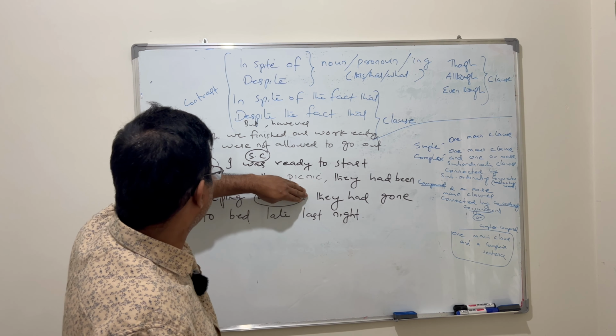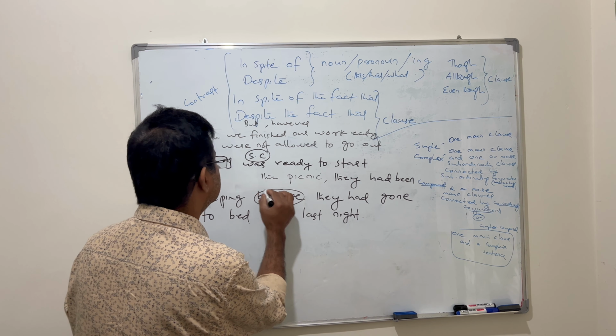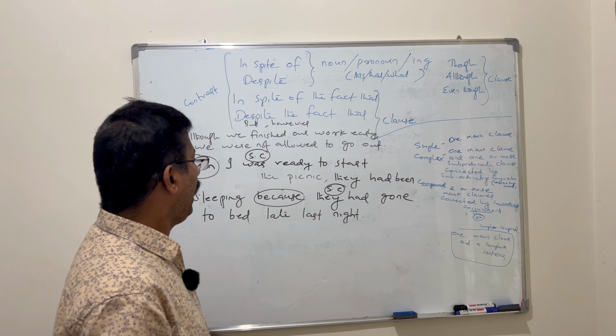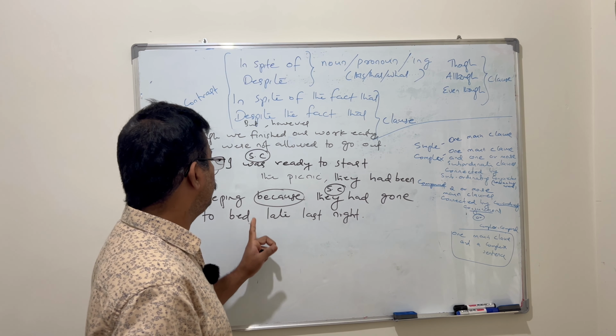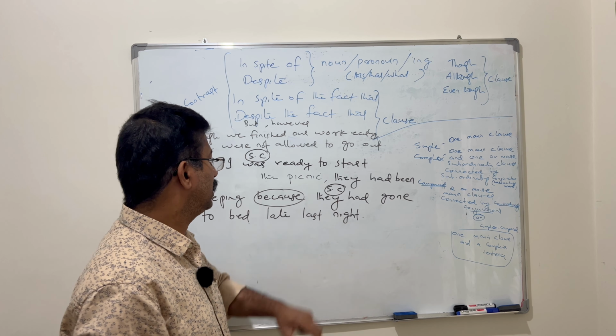But with "because," it becomes incomplete. It becomes a subordinate clause. It doesn't have complete meaning. So this is the second subordinate clause: because they had gone to bed late last night.